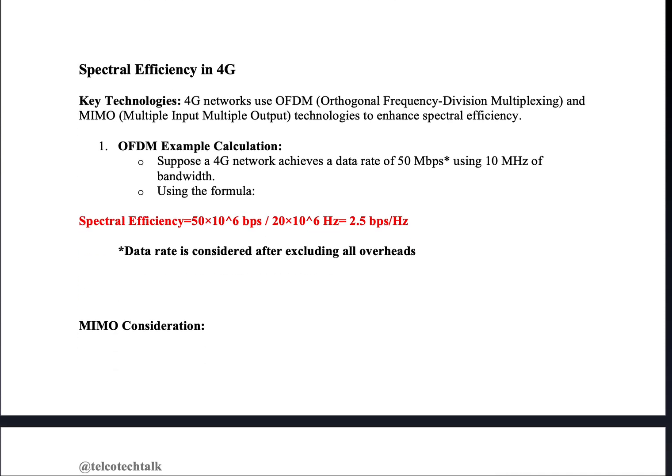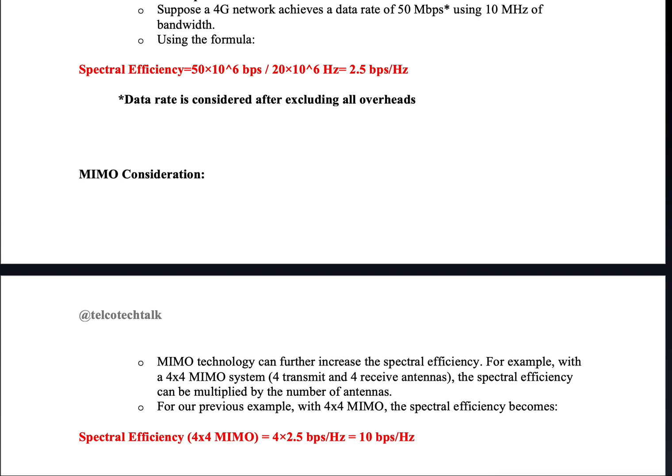Now let's say MIMO technology is there, which can be 4 cross 4. People can challenge this, saying this is not the right way, you cannot simply multiply by 4. But if you have a spectral efficiency with, let's say, SISO of 2.5 bps per hertz, with MIMO it will be 4 into 2.5.